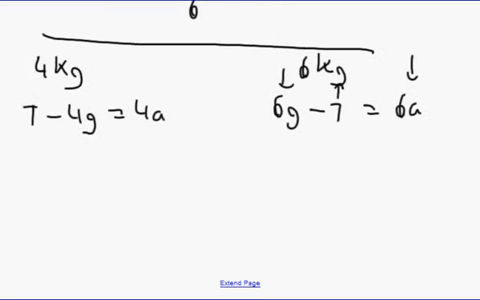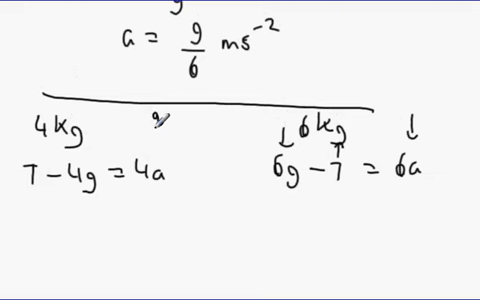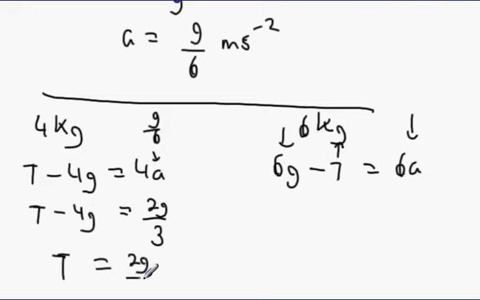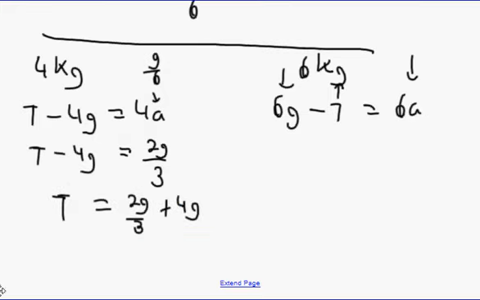So if I put in a here, which is g over 6, what's going to turn out to be is 2g over 3 equals T minus 4g. Bring the 4g over the other side and add it. 2g over 3 plus 4g. And what we get is 14g over 3. Is that T1 or T2?